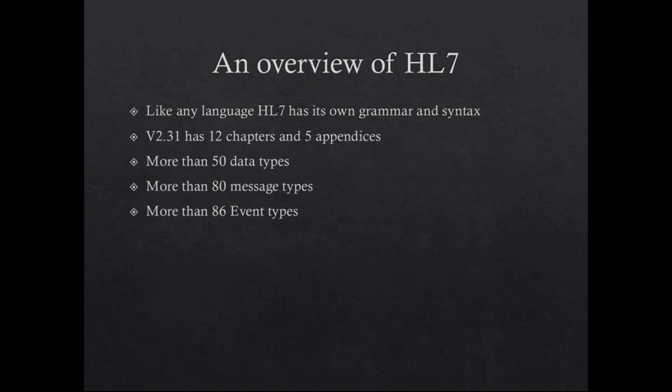There are more than 50 data types in the HL7 language. To be precise, there are 86 right now in 2.7, and more than 80 different message types and more than 86 event types. So what are message types and event types? We will look at that once we get deeper into HL7 structure.